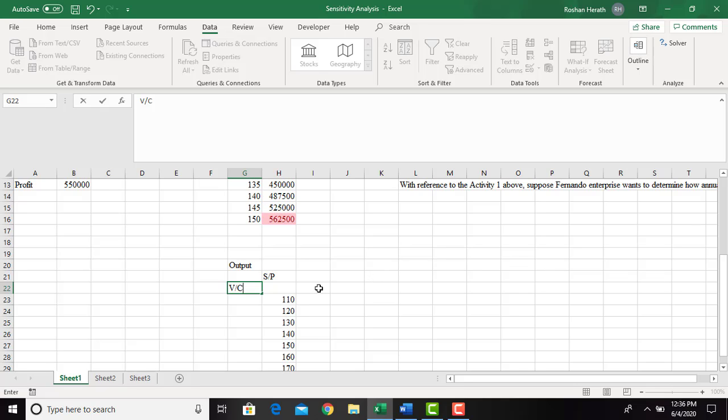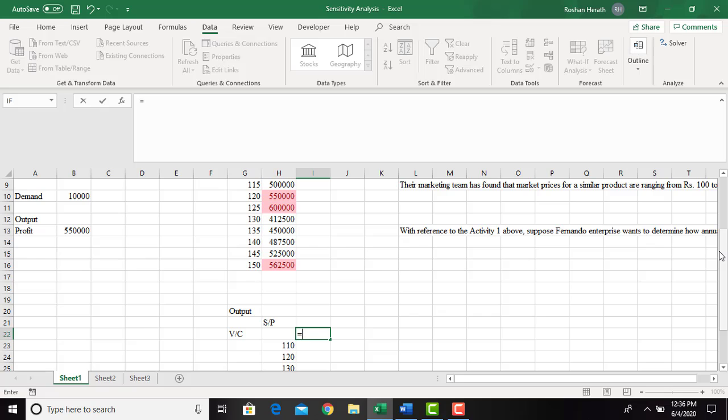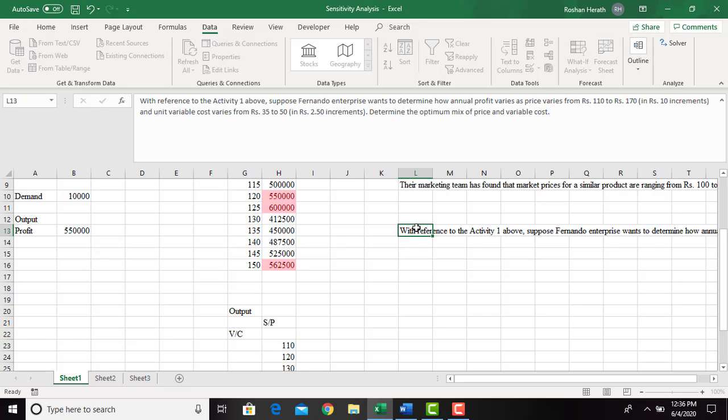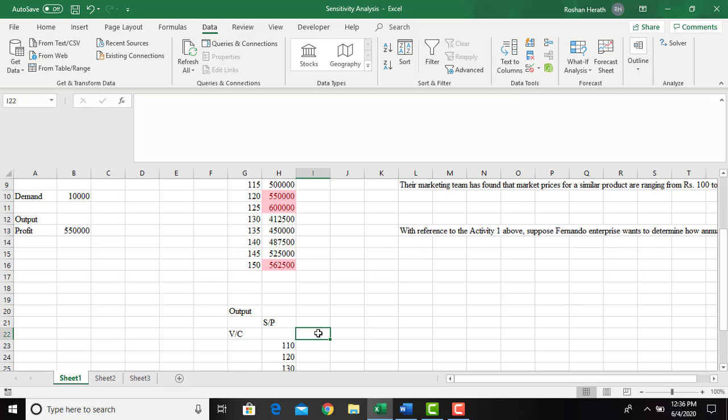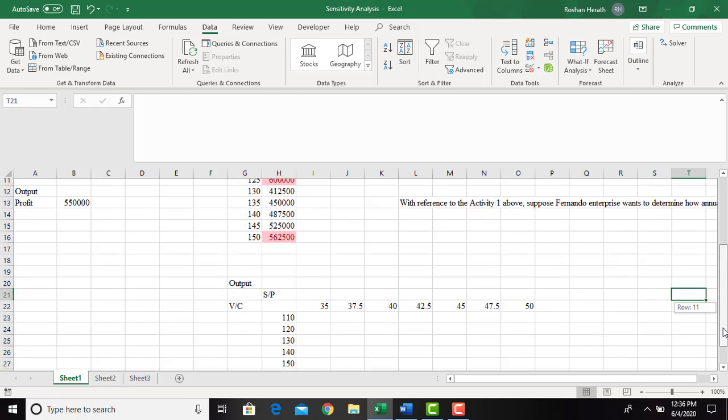So in that you would be starting from 35, then it goes like 35 plus 2.5. The incremental change is 2.5, like 37.5. Likewise, you take them up until 50. Right. Okay. Now we have got the structure done.